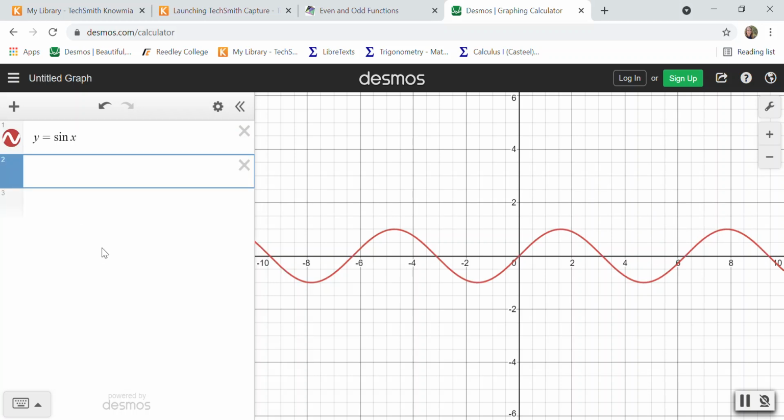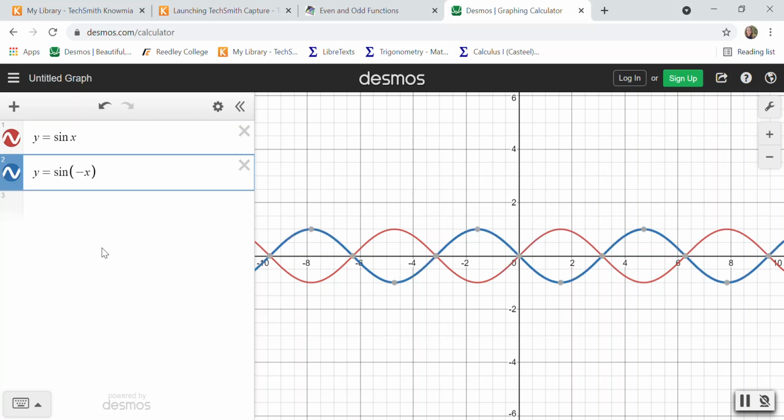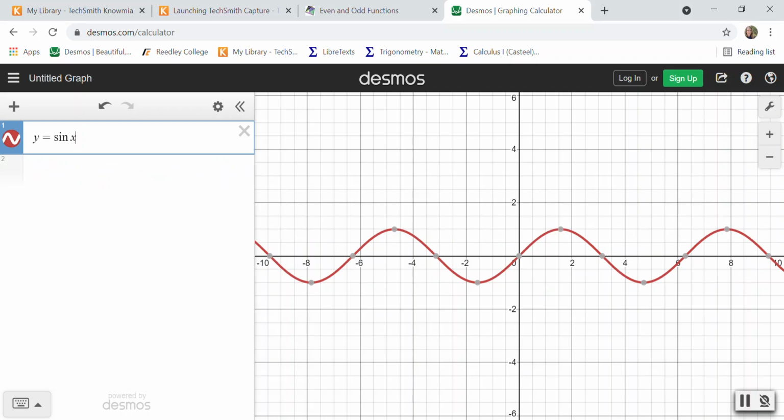We can also see this by looking at the function sine of negative x, and we see that they are in fact opposites. So that also verifies that our function is indeed odd.